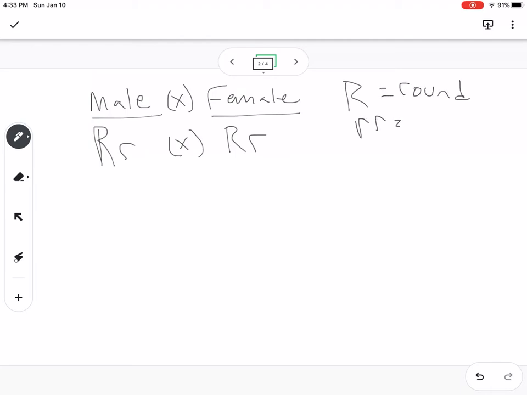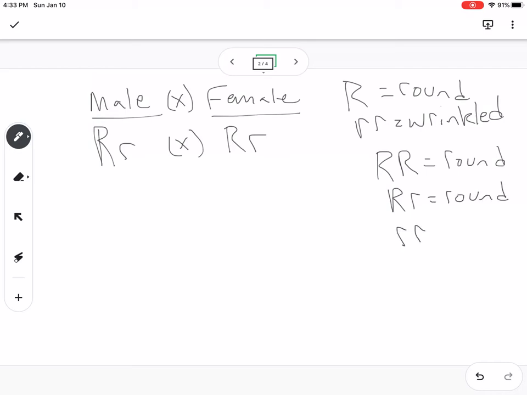Lowercase r equals wrinkled seeds. Therefore, if an organism is big R, big R, they would be round seeded. Big R, little r would also be round because the capital R is dominant. And then little r, the recessive condition, would be wrinkled.